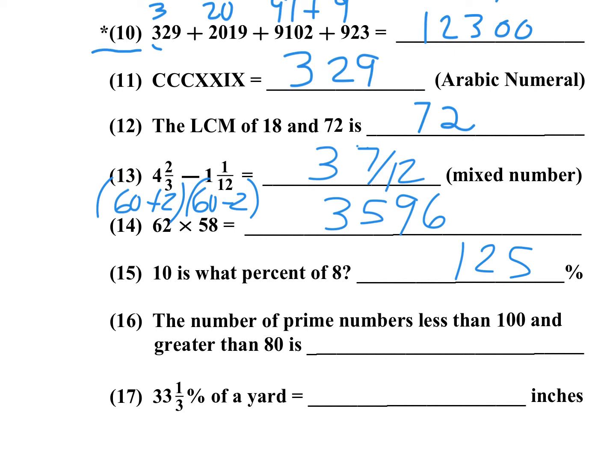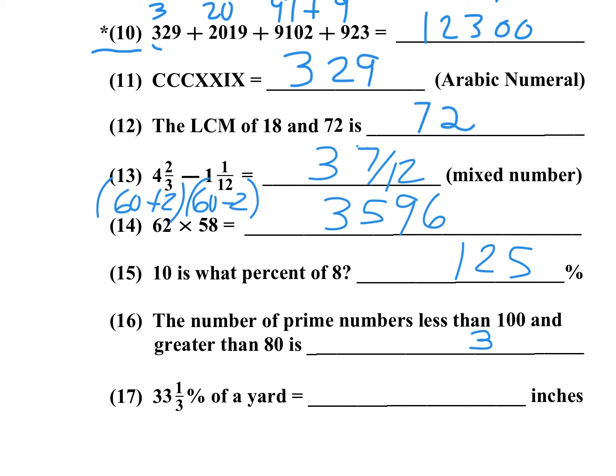And in the 80s, from 80 to 90, 81 is not prime, 83 is prime, 87 is not prime, that's 29 times 3, but 89 is prime. So 83 and 89 are the only two in the 80s, plus one in the 90s. That would give you a total of 3 prime numbers. And that could be time consuming if you have to go through every single one. Okay, so be familiar with the prime numbers.